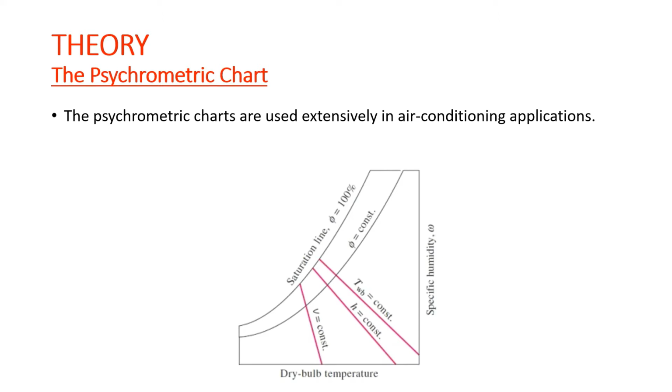The basic features of the psychrometric chart are illustrated in this figure. The dry bulb temperature is shown on the horizontal axis, and the specific humidity is shown on the vertical axis. On the left end of the chart, there is a curve called the saturation line instead of a straight line. All the saturated air states are located on this curve.